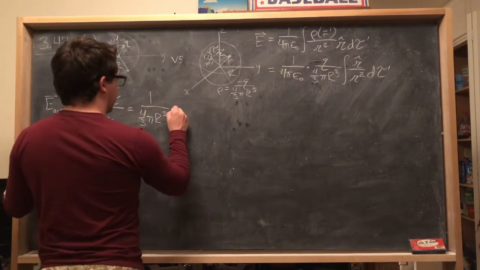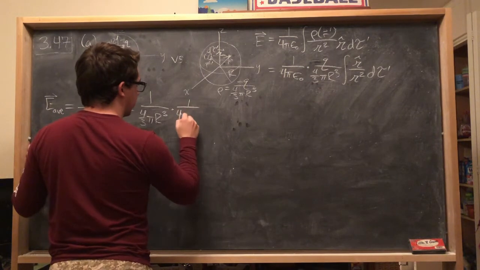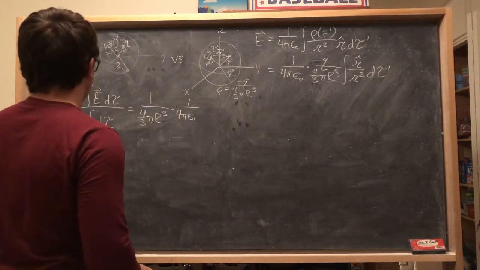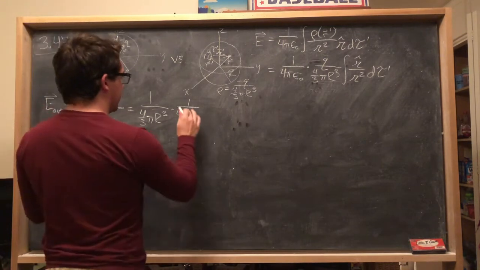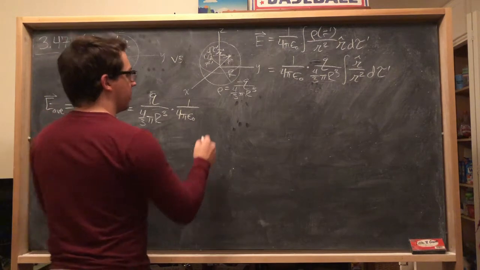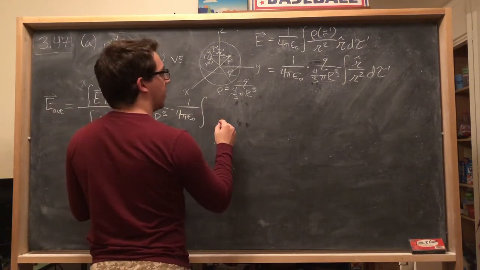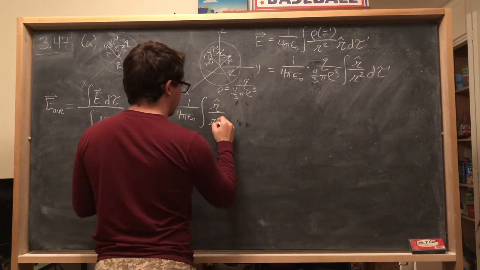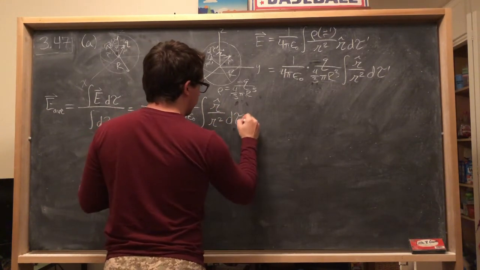And so that would be 1 over 4 pi epsilon naught, which we can take out since it's constant, times q. So I'll just put the q over here. And then integral of script r hat over script r squared d tau prime.